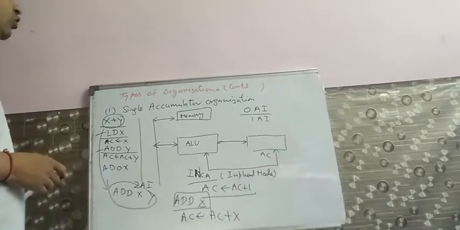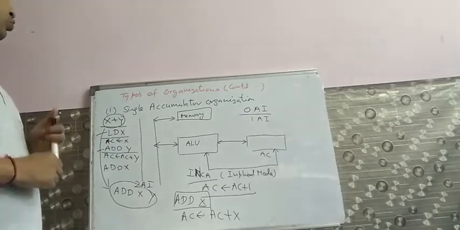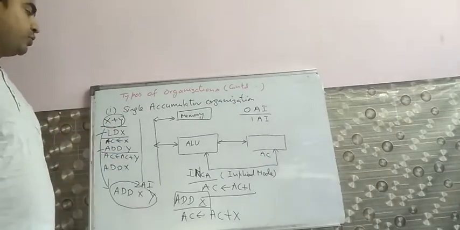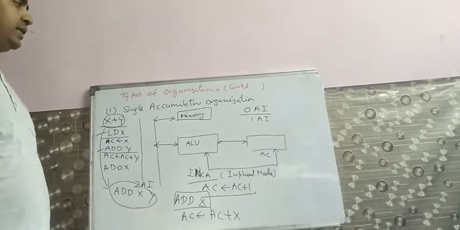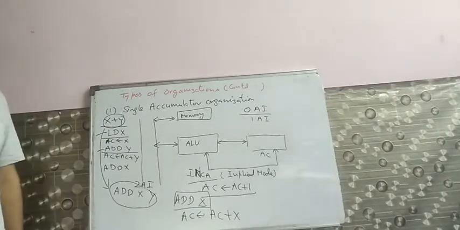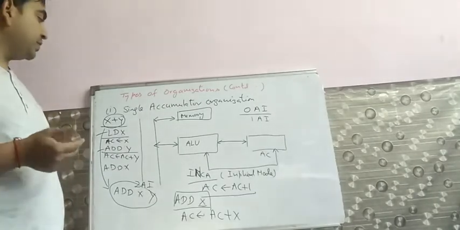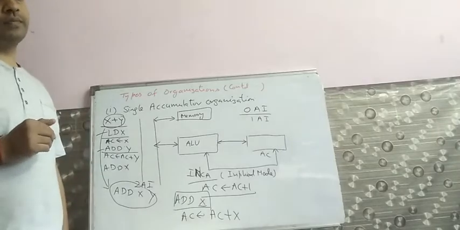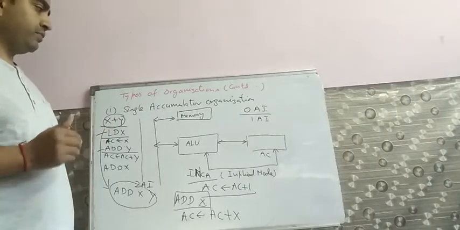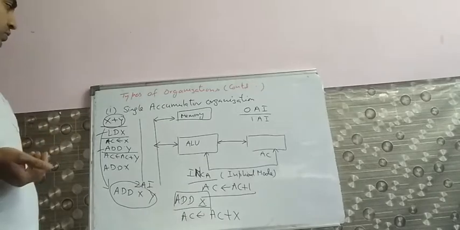In single accumulator organization, we have a very small number of registers, due to which the number of instructions will increase. This will lead to complexity for the programmer, because we have to write a large number of codes for a simple operation.